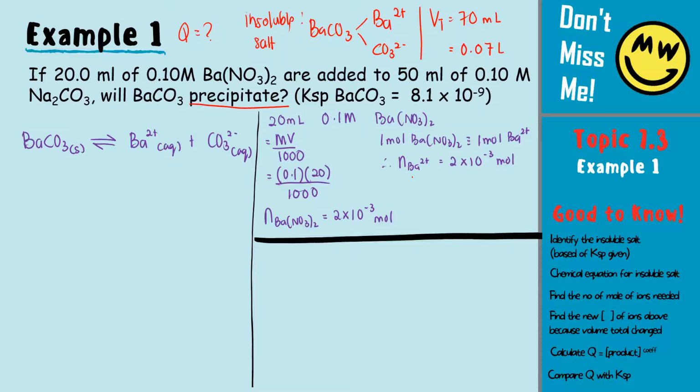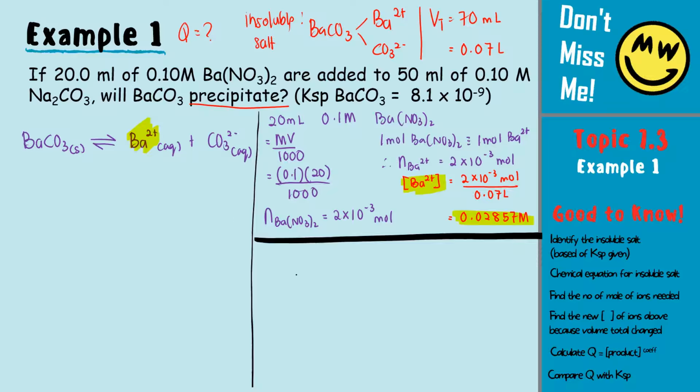Alright? Therefore, from that, we can calculate the concentration of your barium 2+ by using the number of moles and also the new total volume, 0.07 liter. Therefore, the concentration of the barium 2+ calculated is 0.02857 molar.